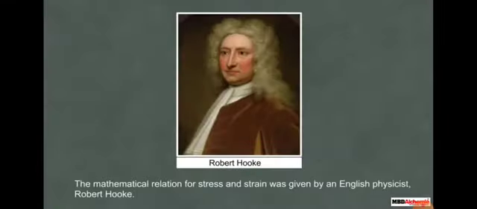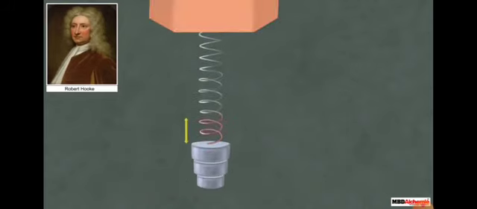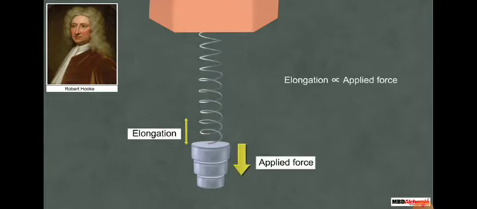The mathematical relation for stress and strain was given by an English physicist, Robert Hooke. He performed experiments on springs and found that the elongation, change in length, produced in a body is proportional to the applied force. He presented his law in 1676, which is known as Hooke's law.